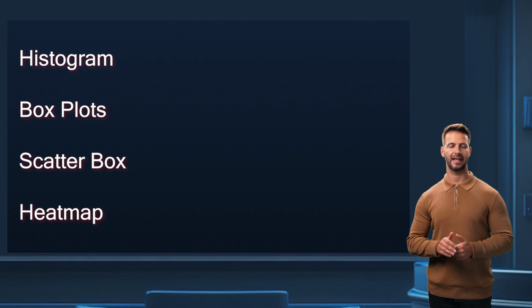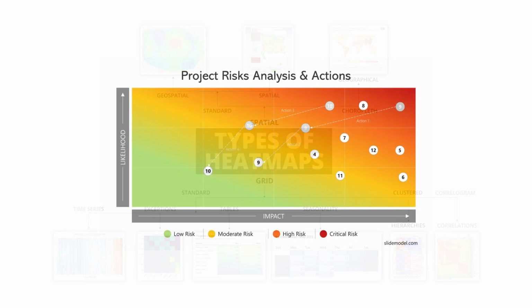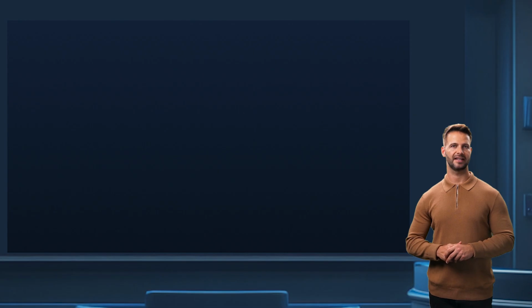First, let me say, heat map is just one of those cool words to say. And there are all sorts of heat maps. A heat map is a 2-dimensional representation of data in which various values are represented by colors, spatial, time series, tabular, all to visualize correlations between multiple variables. And of course, the classic heat map we see for data analysis. Those are some ways to visualize data.